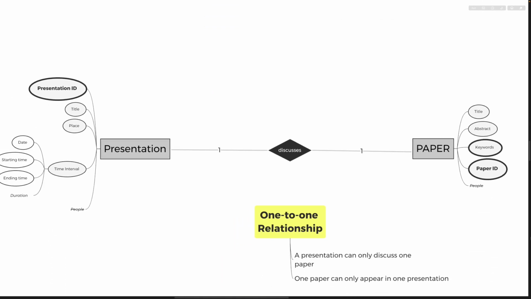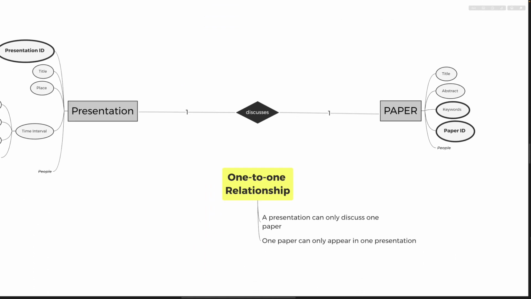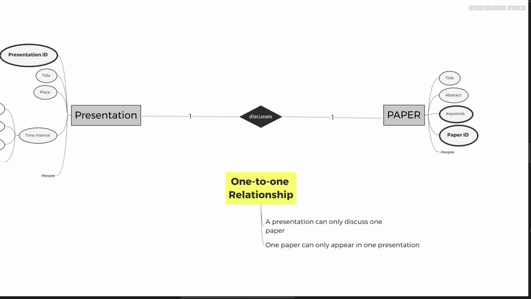The second type of relationship is the one-to-one. Now, if I look back in the text, I write the assumption that a presentation can only discuss one paper. That's my assumption, and that one paper can only appear in one presentation.